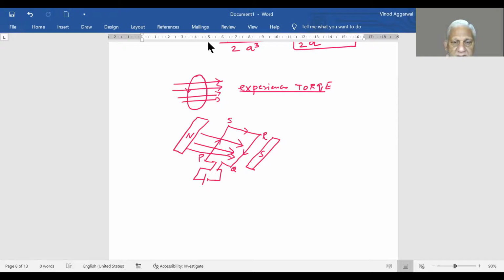Now, can we calculate the force acting on each side of this loop? Yes, we can. How?